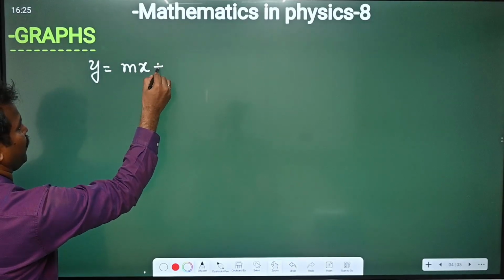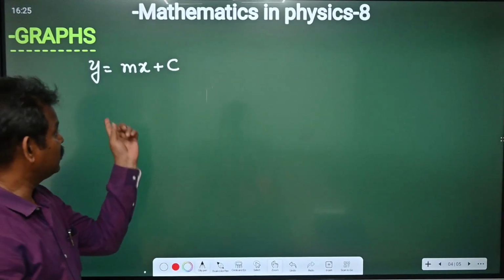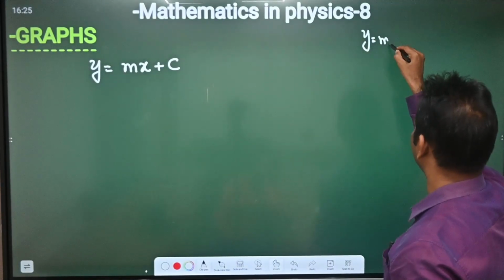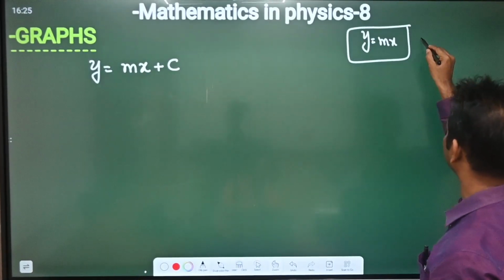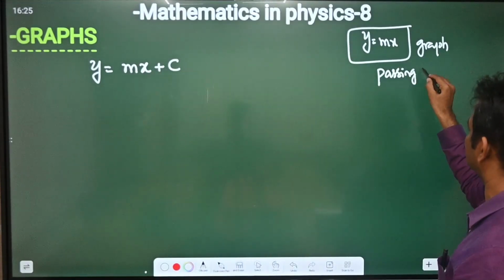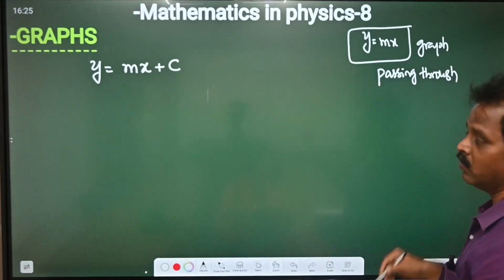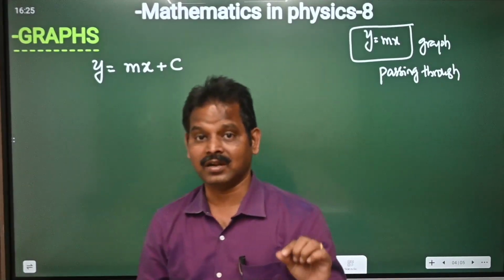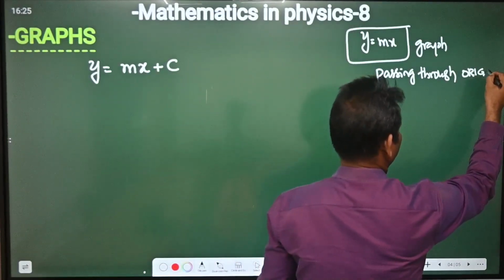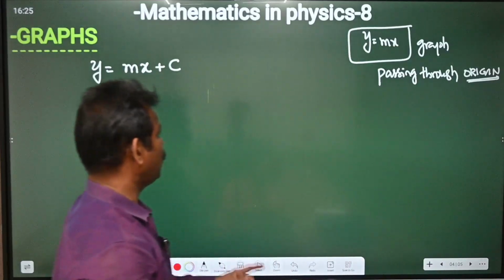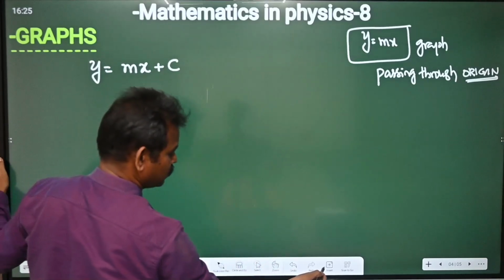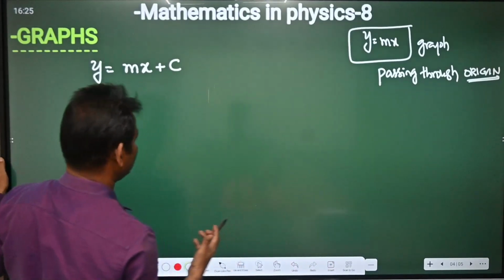Now the equation y is equal to mx plus c is similar to the previous case where y is equal to mx. Y is equal to mx is a graph passing through origin. Whenever y is equal to mx is given, that is a straight line passing through origin. Now, if you take y is equal to mx plus c, to draw this graph, students, we have different cases.